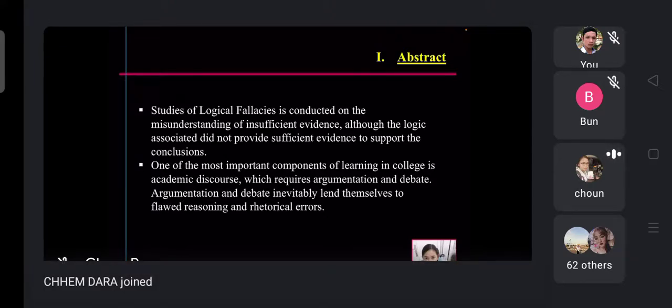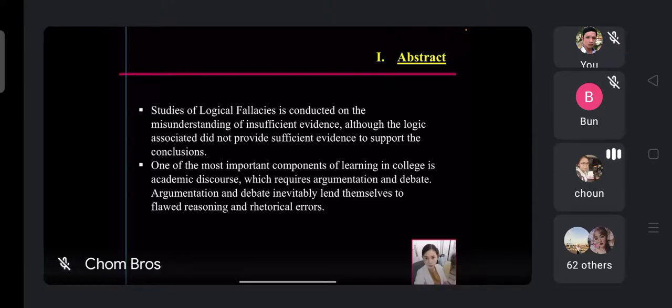One of the important components of learning in college is academic discourse, which requires argumentation and debate.